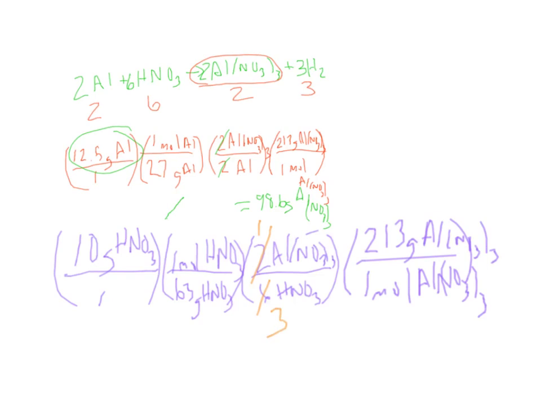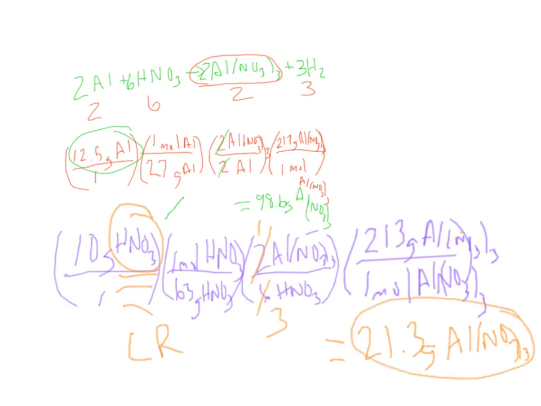And it looks like that's about all the simplification I'm going to get. When I do all that, I get about 21.3 grams AlNO3, 3. So the HNO3 is definitely my limiting reactant, because it limited the amount that I could make. 21.3 is definitely smaller than 98.6. And that's it.